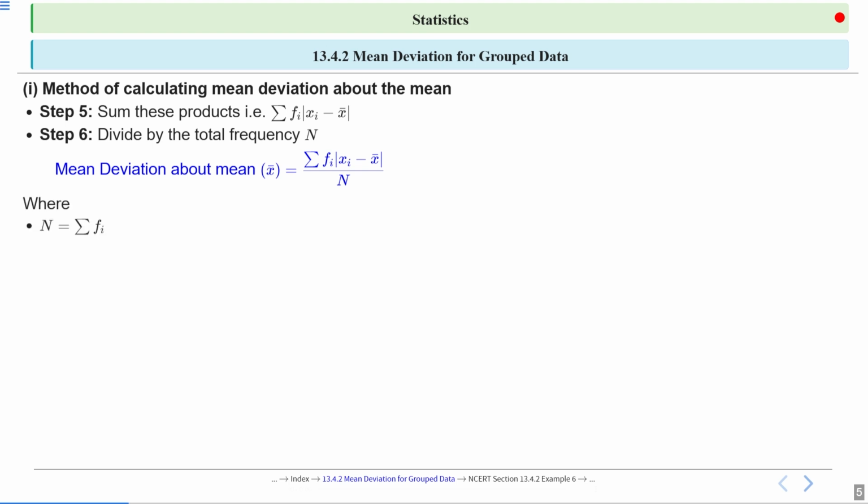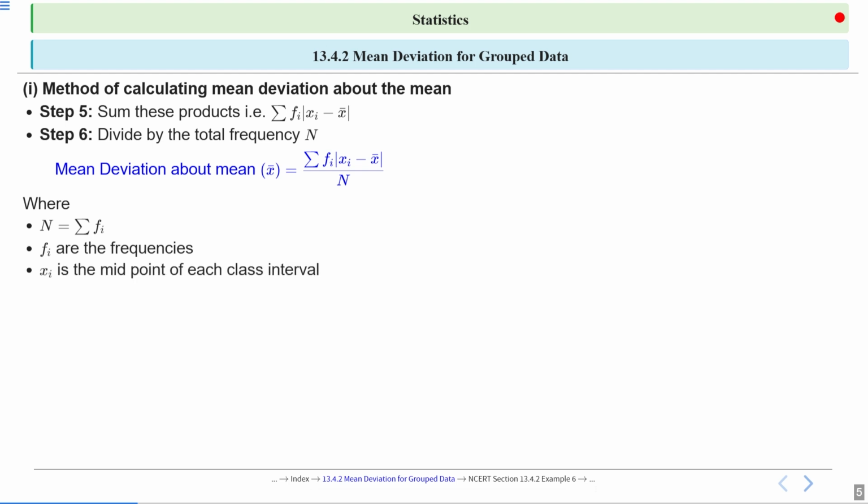where n is the total frequency, which is simply the sum of all the frequencies in our data set. In symbols, n equals summation fi, and fi are the corresponding frequencies of each class interval or data value.